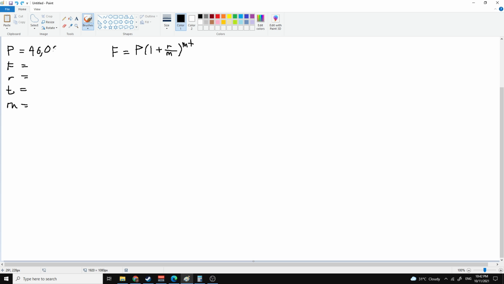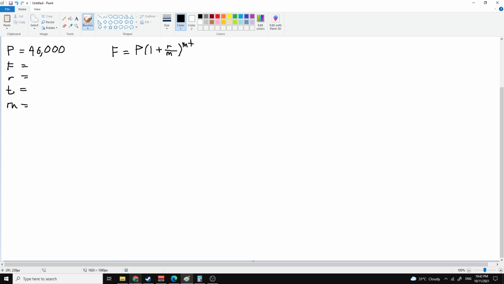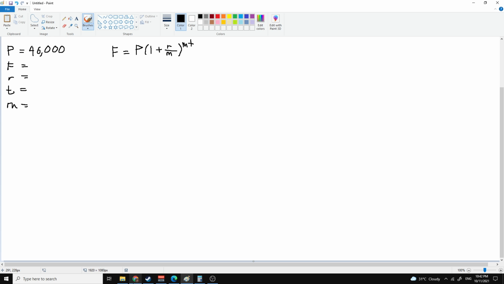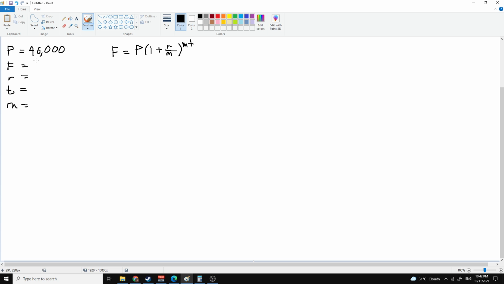So our initial value, our initial principal value is 46,000, right? That is our initial value, and we're solving for our future value. So at 8%, our rate is going to be 0.08. That's coming from 8% again.